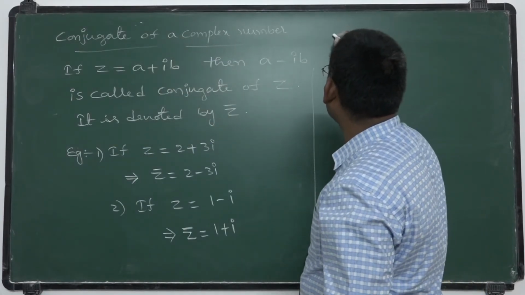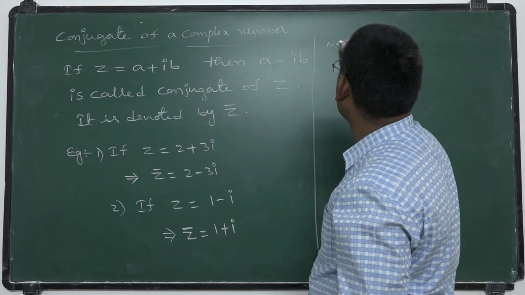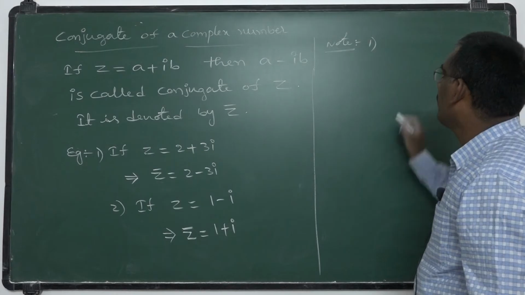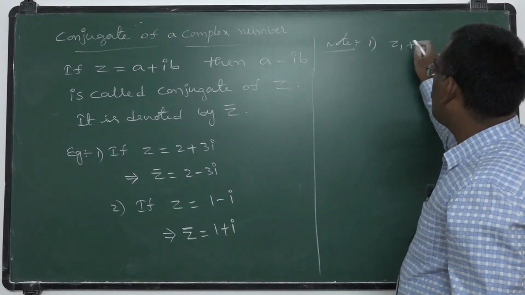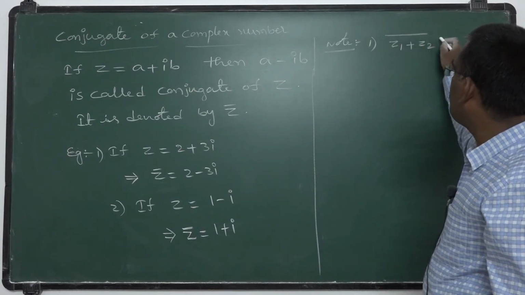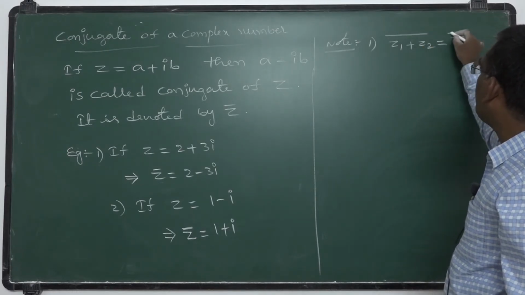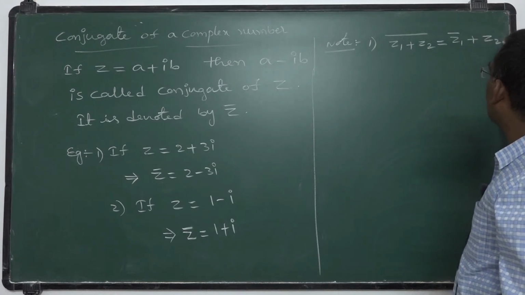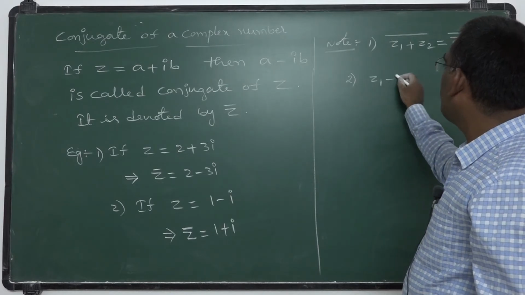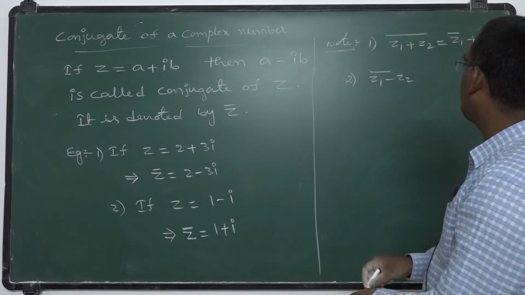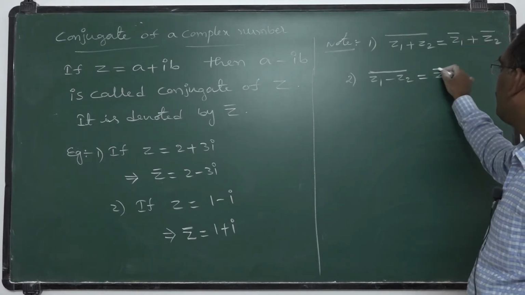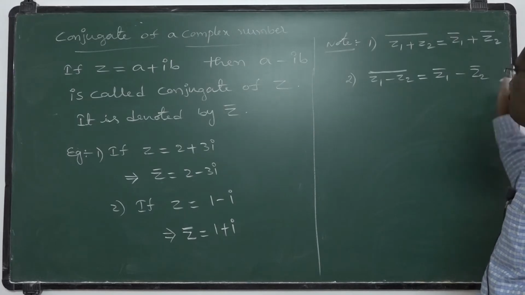Note. First point, let z1 and z2 be two complex numbers. The conjugate of z1 plus z2 will be equal to conjugate of z1 plus conjugate of z2. Conjugate of z1 minus z2 will be equal to conjugate of z1 minus conjugate of z2.